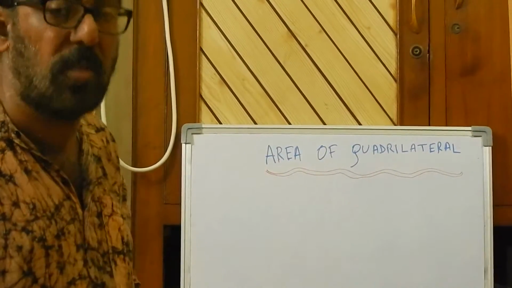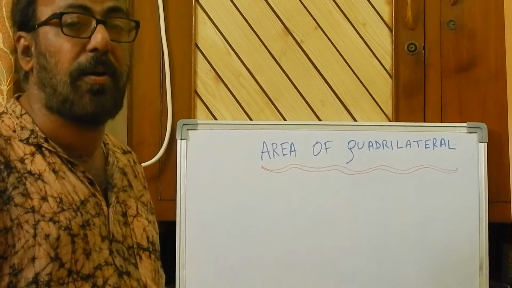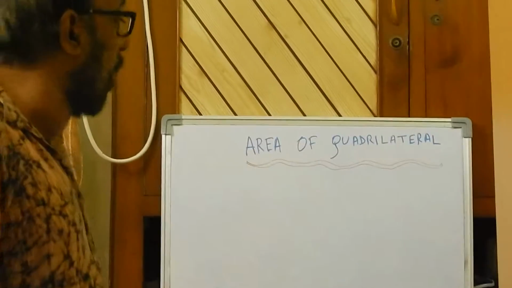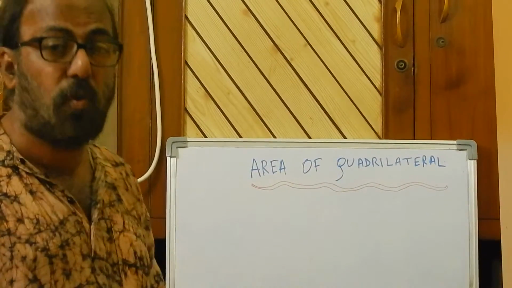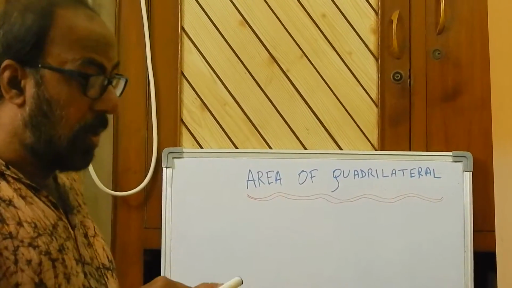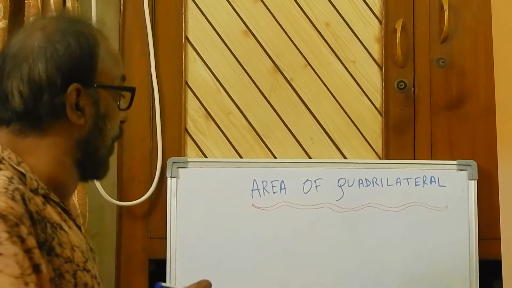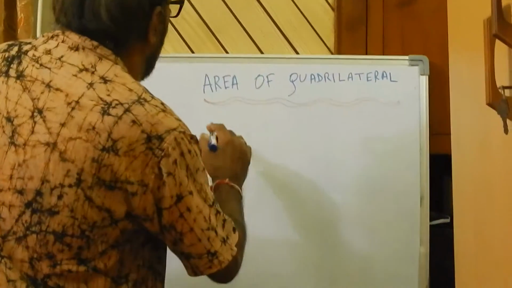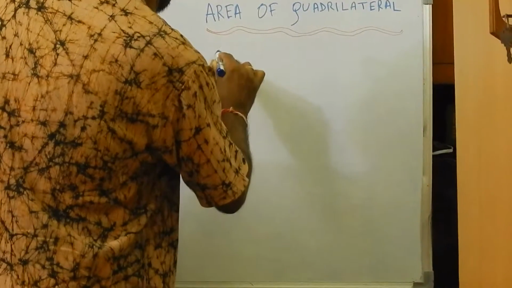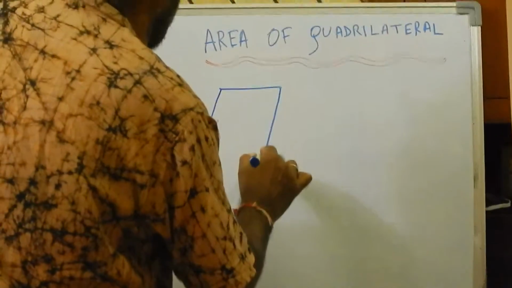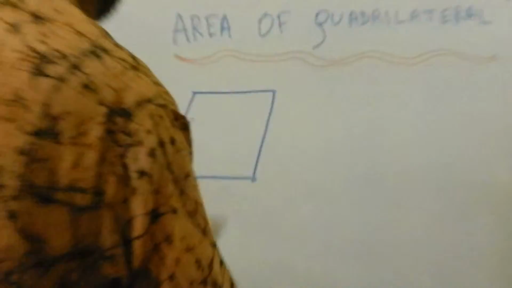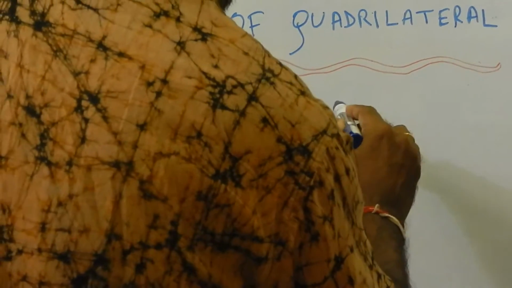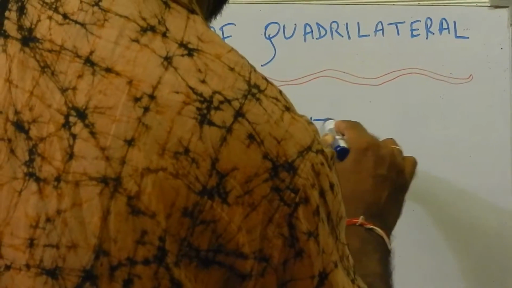Now we come to the second problem, and it's all about rhombus and square. Here also the problem is a bit different. Here is a rhombus, and here is a square.